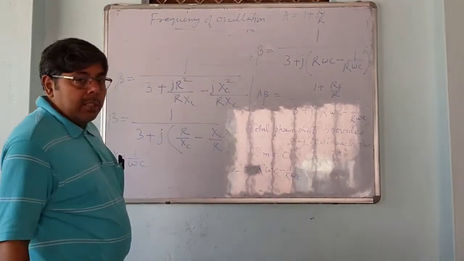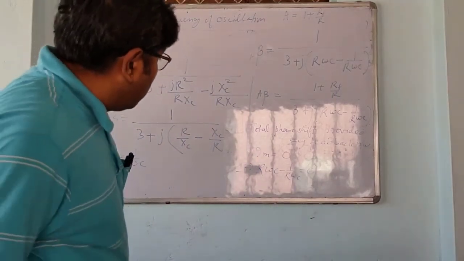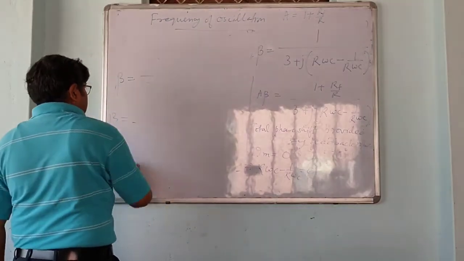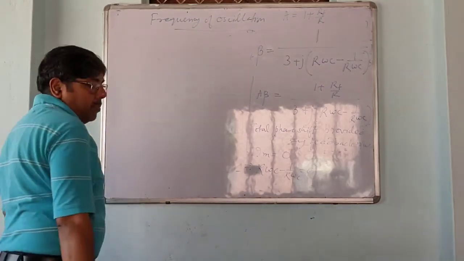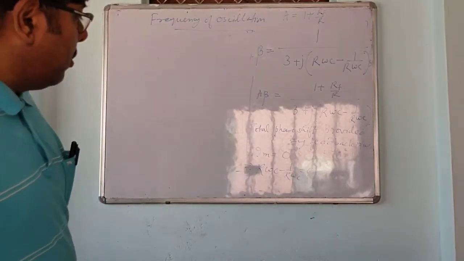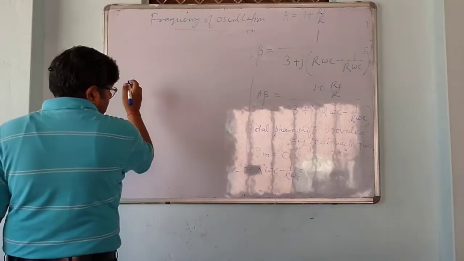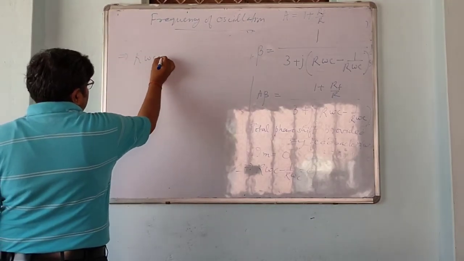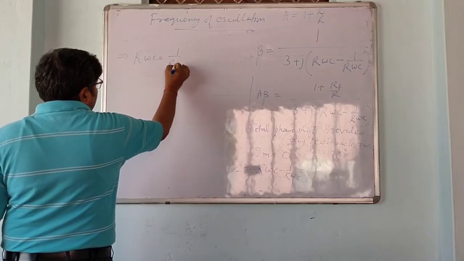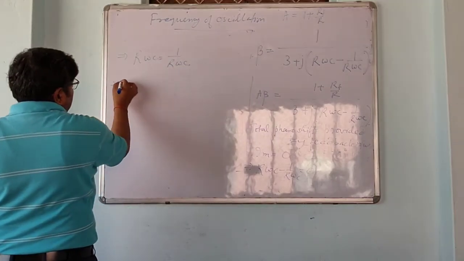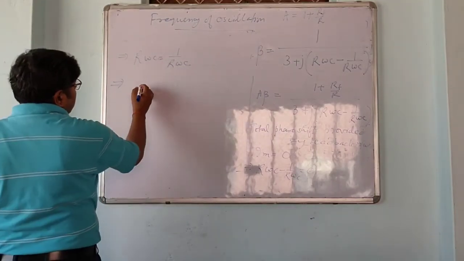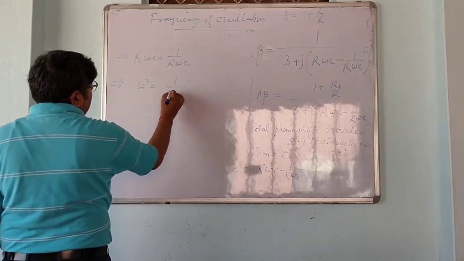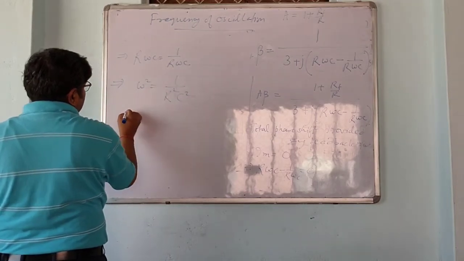And from here, you can obtain frequency of oscillation. So this implies this is equal to 1 upon R omega C, or you can say omega square equals 1 upon R square C square.